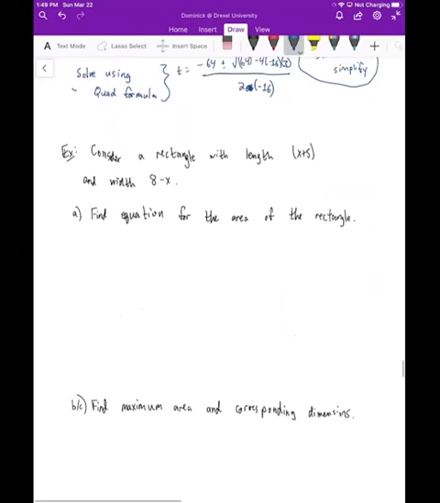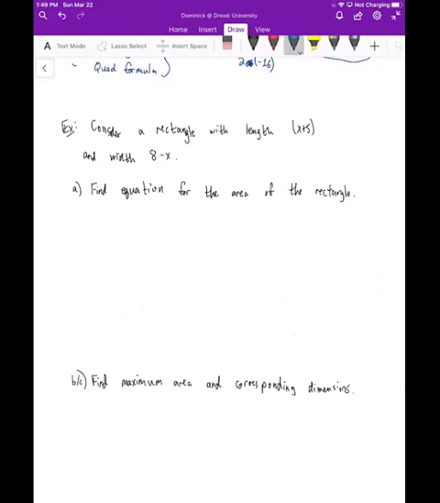Okay, I want to look at another type of example that may be a little bit easier for us to find. So we now want to consider a rectangle with length x plus 5 and width 8 minus x. So first thing we want to do is find an equation for the area. Area of a rectangle is length times width, so in this case it is x plus 5 times 8 minus x, which we can distribute, and we get 8x minus x squared plus 40 minus 5x.